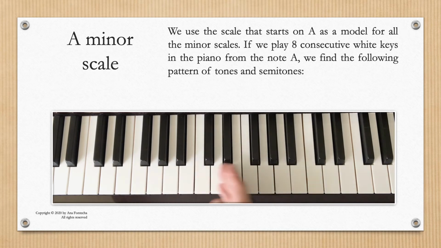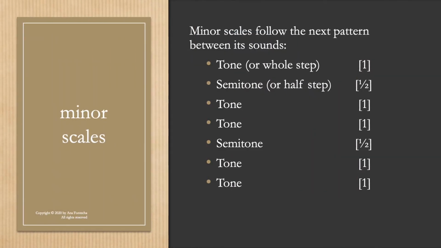So in the scale of A minor, we have tone, semitone, tone, tone, semitone, tone, tone. And here you can see the sequence of tones and semitones in minor scales: tone, semitone, tone, tone, semitone, tone, tone.